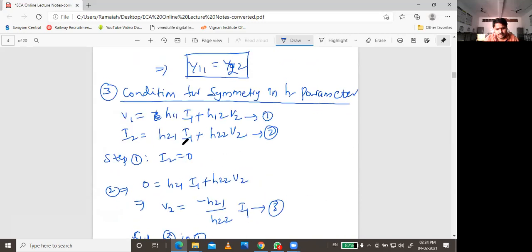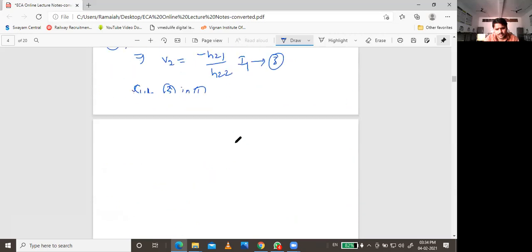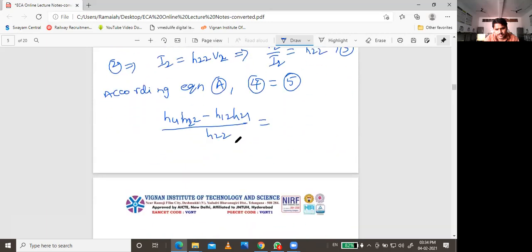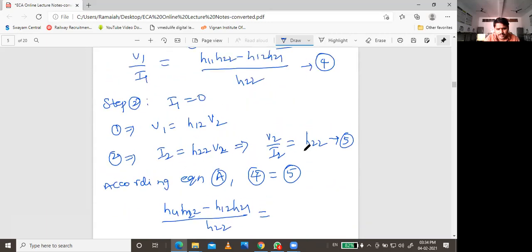I2 equal H21 I1, I1 is 0, H22 V2. V2 by I2 is 1 by H22, because I2 is coming this side and V2 is going to the LHS side, therefore 1 by H22.